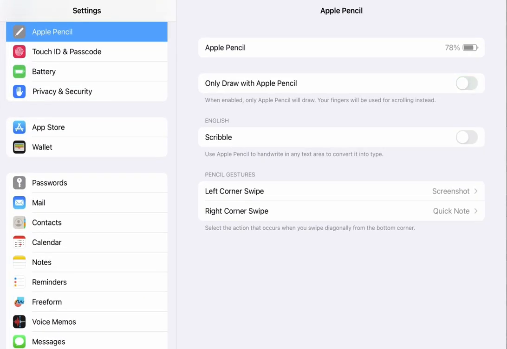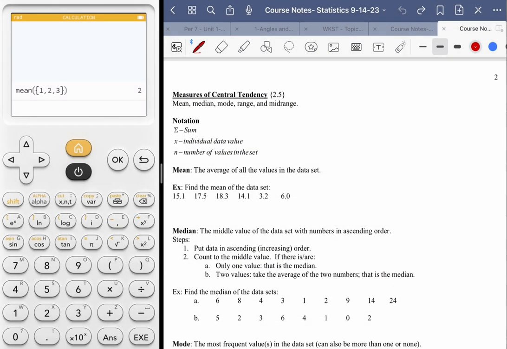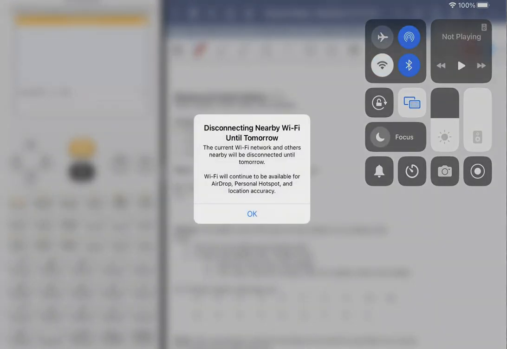I turn that off, let it think for a second, turn it back on, and go back in. Try it again. Turn off Wi-Fi.